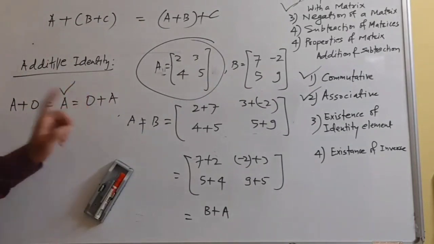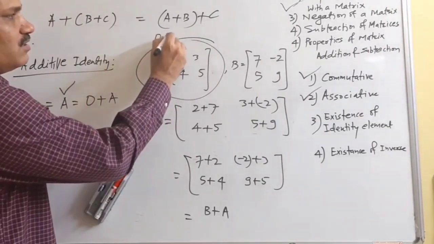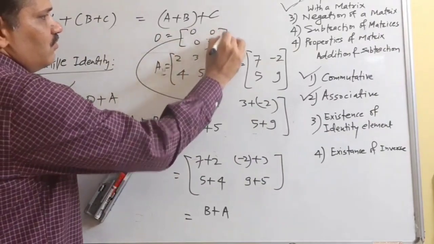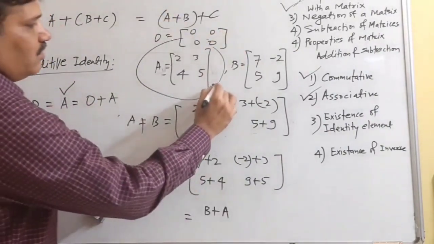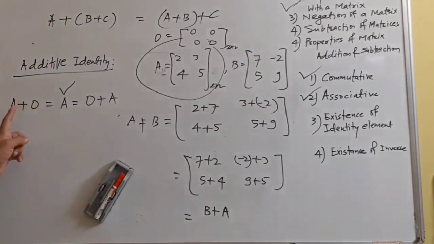So suppose I take this A, then the identity element will be a 2 by 2 zero matrix, because its order is 2 by 2. This is how we find the identity element.